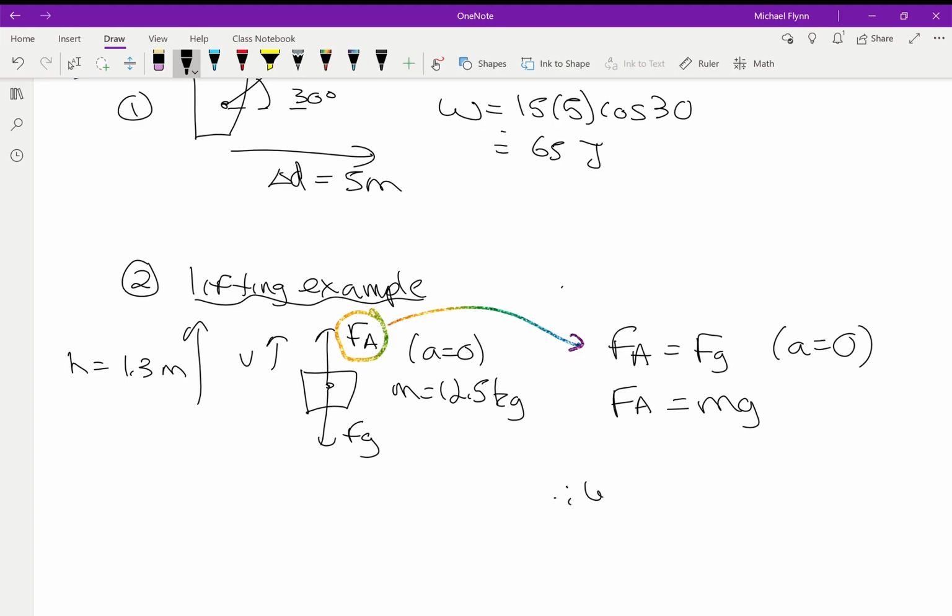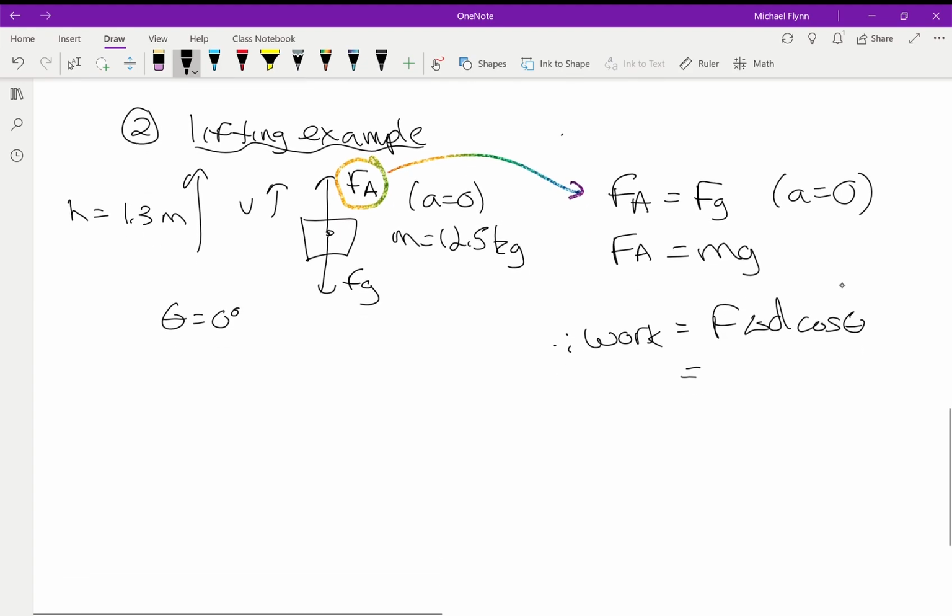So therefore, the work done: that applied force is straight up, h is straight up, so theta is 0 degrees, okay? So work is equal to force times displacement times the cos of theta. That's going to equal mg times h.